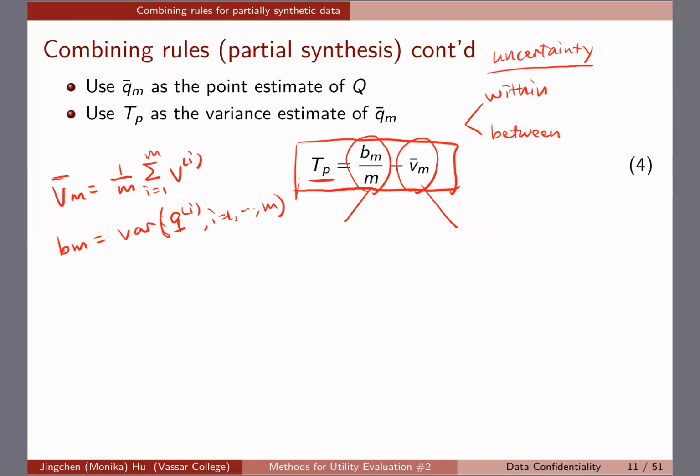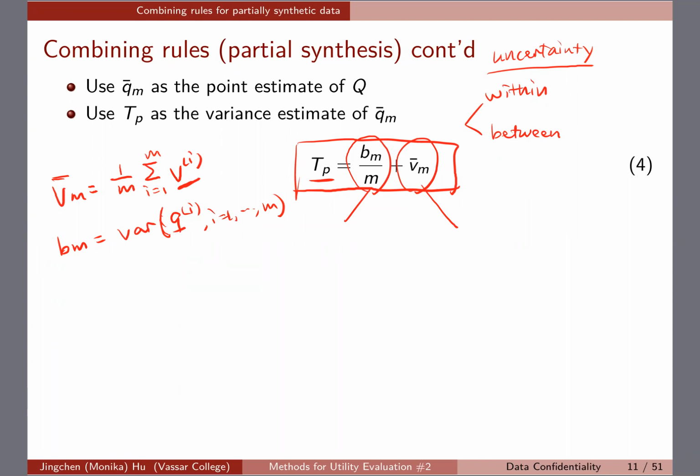Okay, so what do you think? At the end of the day, we're trying to get an estimate for Q, okay? V bar M, we know that each of the VI is already the variance of Q in each synthetic data set, right?